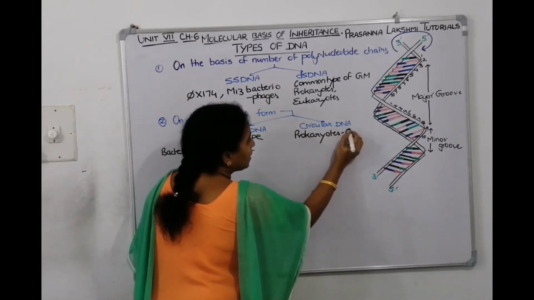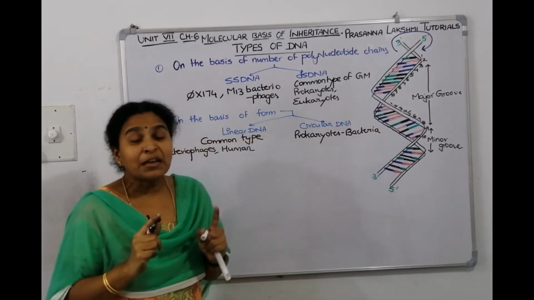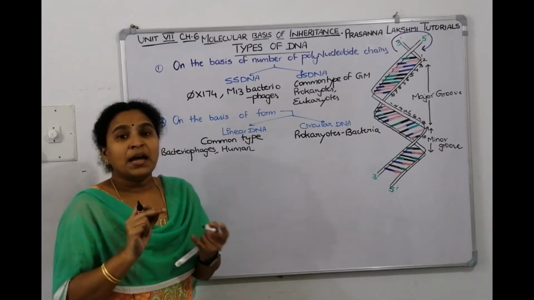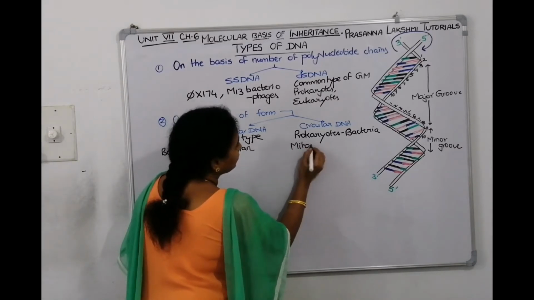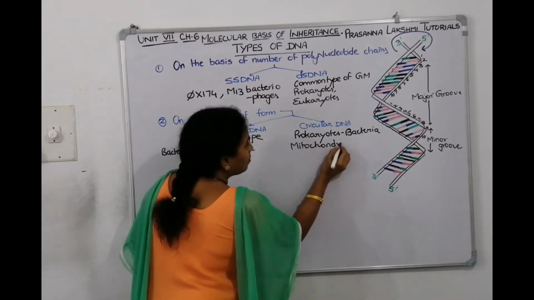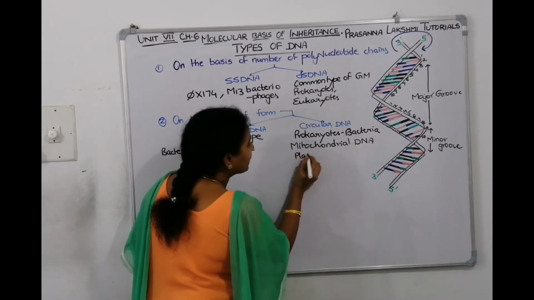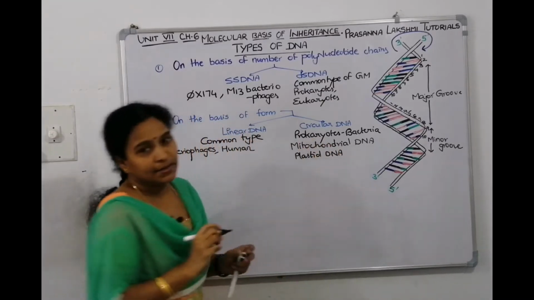Then again, semi-autonomous organelles are there in our body. In us, we have mitochondria and in plants, they are plastids. So mitochondrial DNA we will write, and the plastid DNA is also a circular DNA molecule.